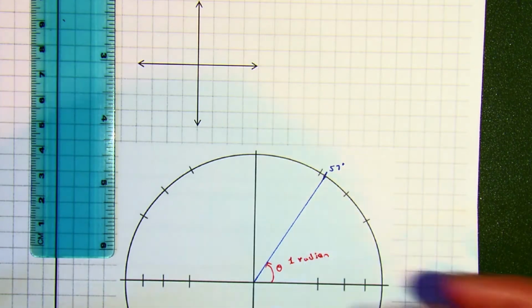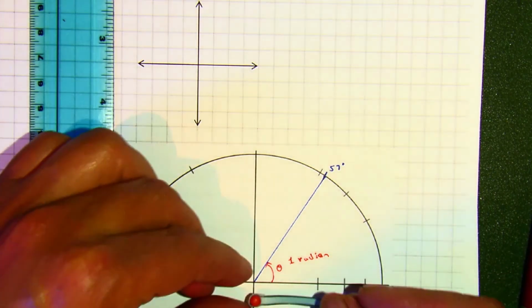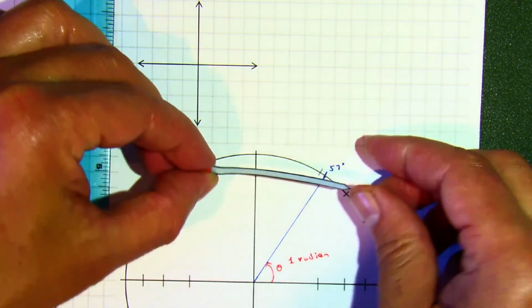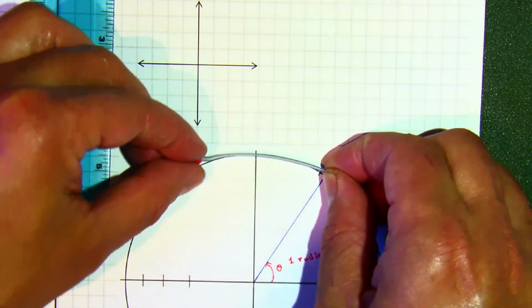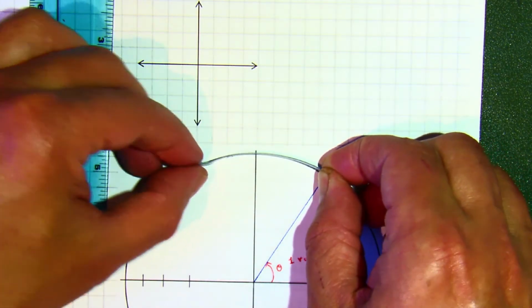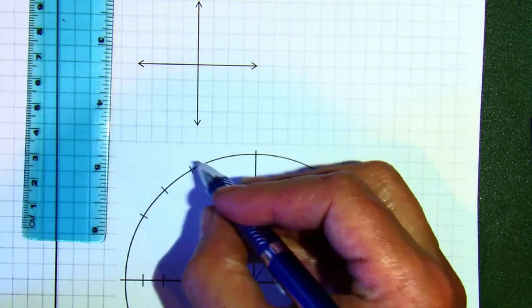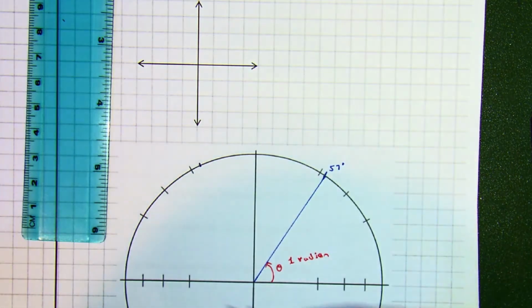And if I take the same radius and I wrap it around again, that'll be 57 plus 57, which is 114 degrees, which will be around here. That'll be 2 radians.